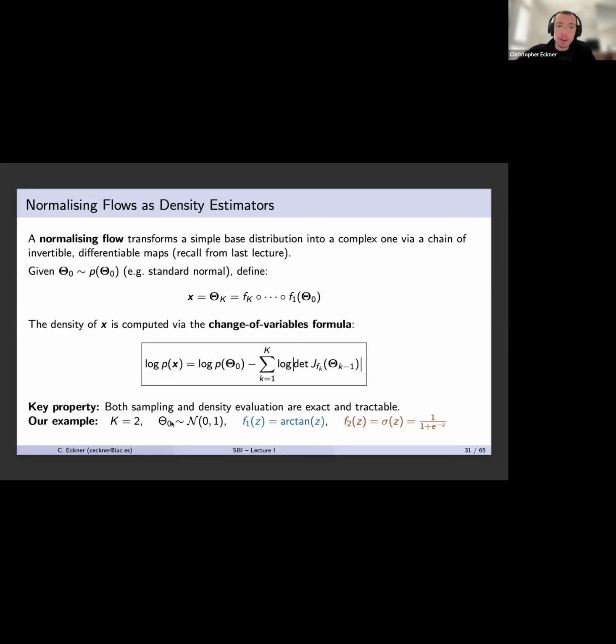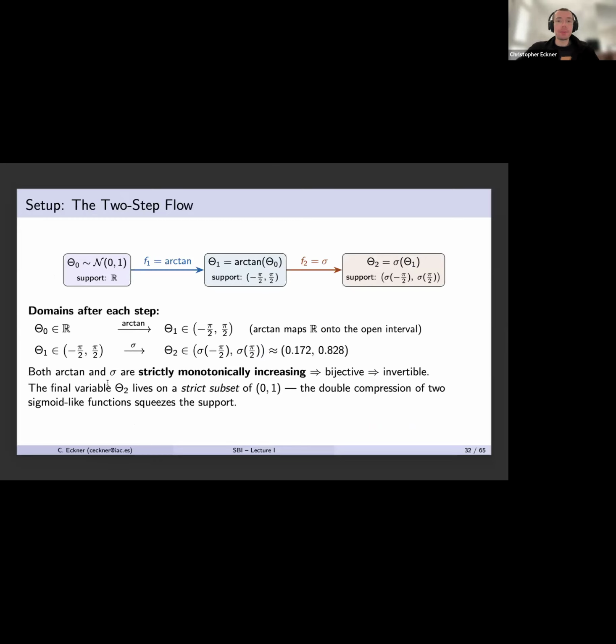We start from a random variable that is distributed as a standard normal. So we have this two-step flow. First, the arctangent maps our samples into a space from minus pi half to pi half.